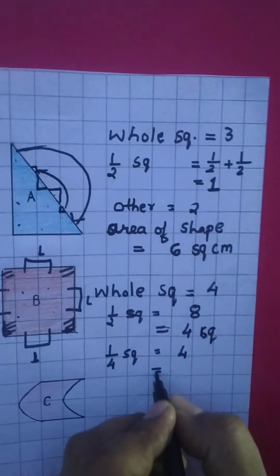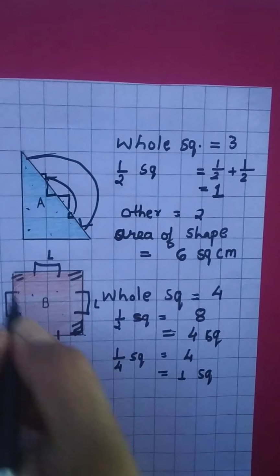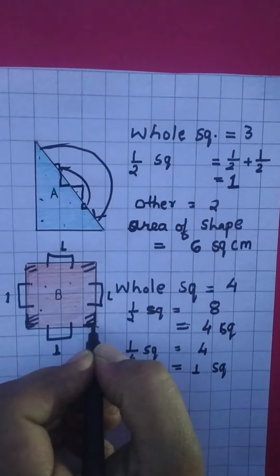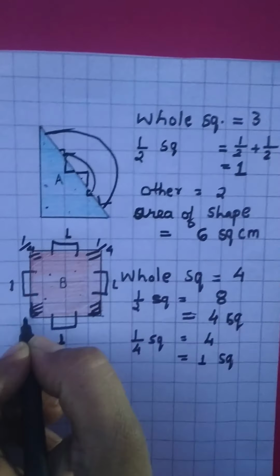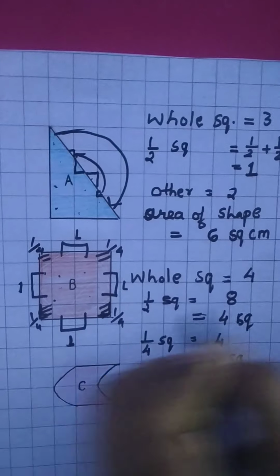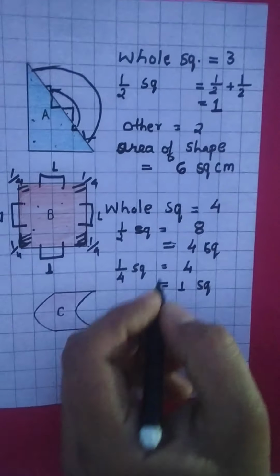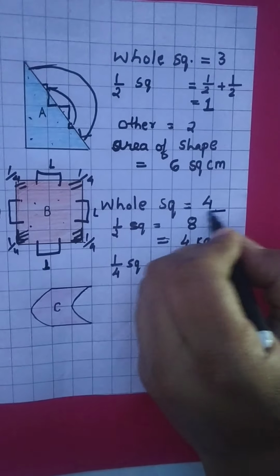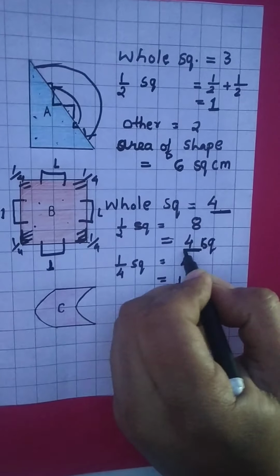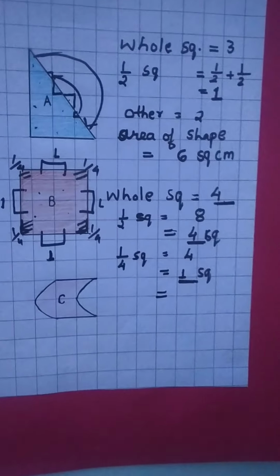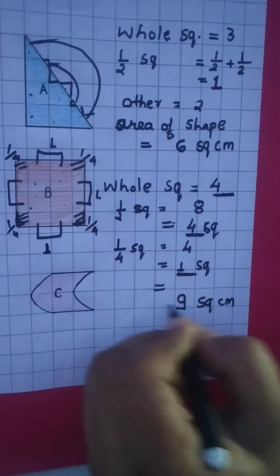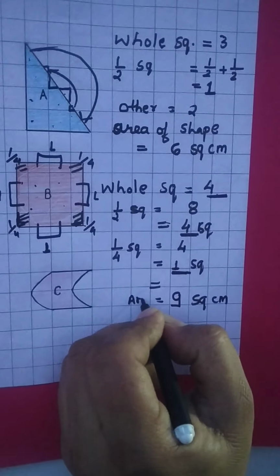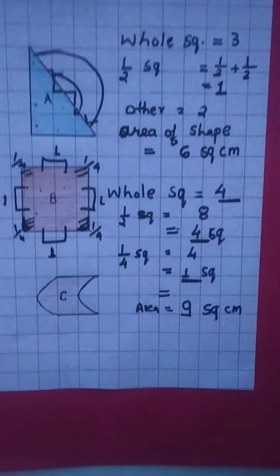It means 1 square. When we combine these 1/4, 1/4, we got total 1. So the area will be 4 and 4, 8 and 1, 9. The area will be 9 square centimeters. Okay.